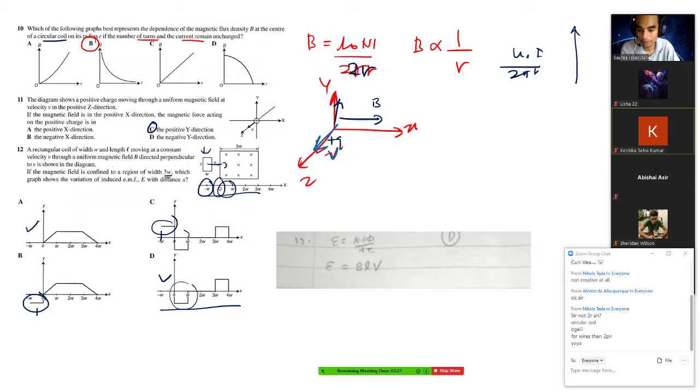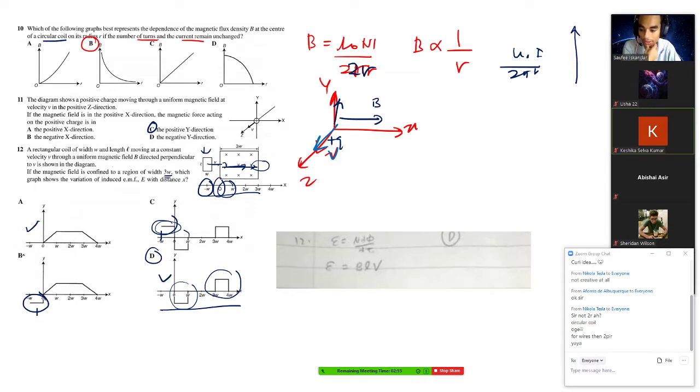This is not, because we have a line over here, so it's negative. And then going this side, before it exits the magnetic field region, it will have a positive side. So I think the answer is D.